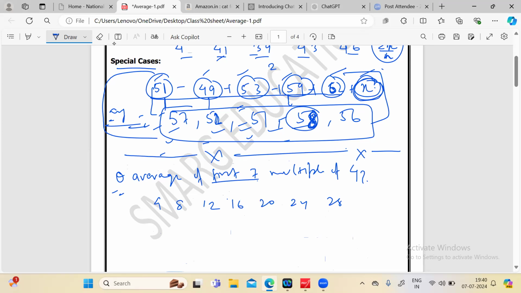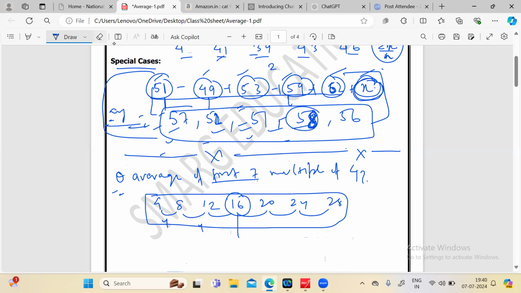So what we can see here is that these numbers are in AP because the common difference is 4. So the average of these numbers will be the middle one. So you need not write all this. If it is the first 7 multiples of 4, you can just see that first, second, third, fourth, fifth, sixth, seventh, the middle value will be the fourth multiple of 4.